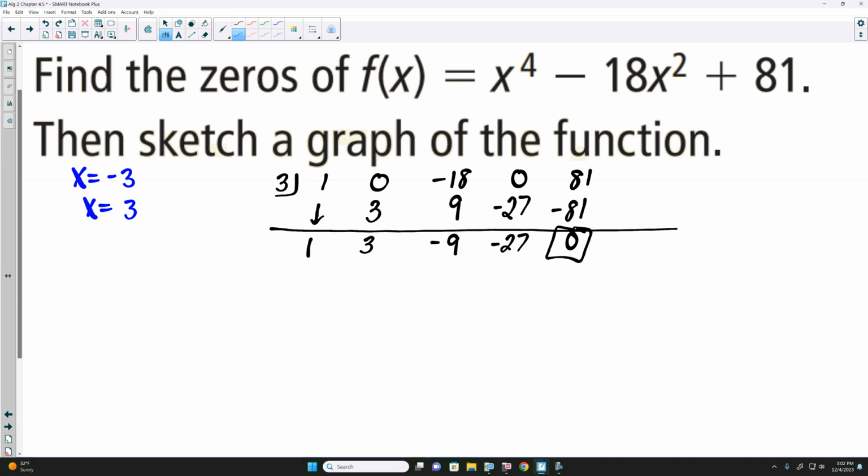And 81 plus negative 81 is 0. And we expected it to be 0 because on the graph it gave us a y value of 0, so the remainder should be 0. What number do we want to try next? Negative 3.